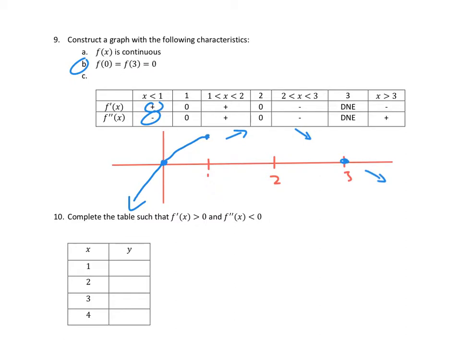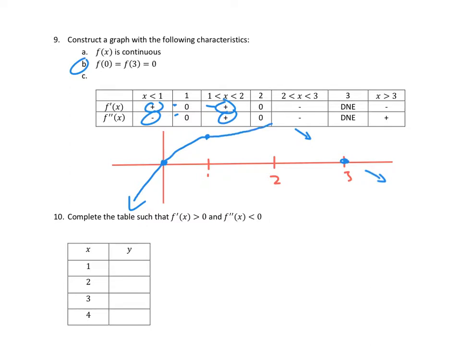Now here the derivative is 0, and we notice that the second derivative is 0. That means it's a possible inflection point, and it is, because now we're going up, increasing, and we're concave up. So this goes concave up, and it's increasing to 2.